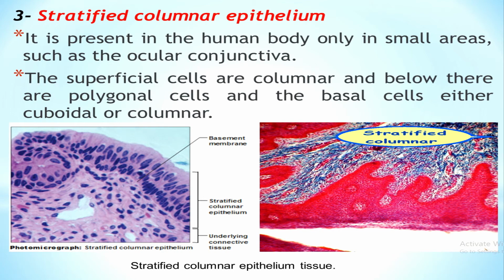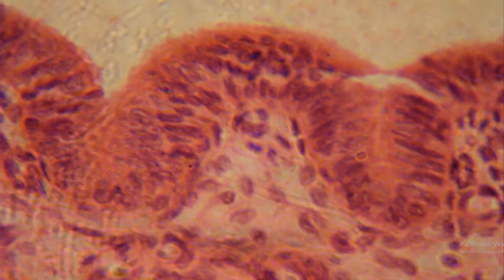Look here, the superficial are columnar, and below there are polygonal. Here, this slide illustrates the third type of this stratified epithelium.